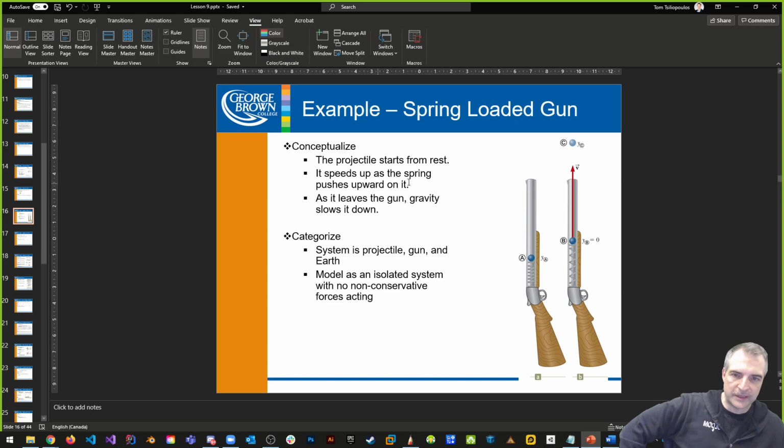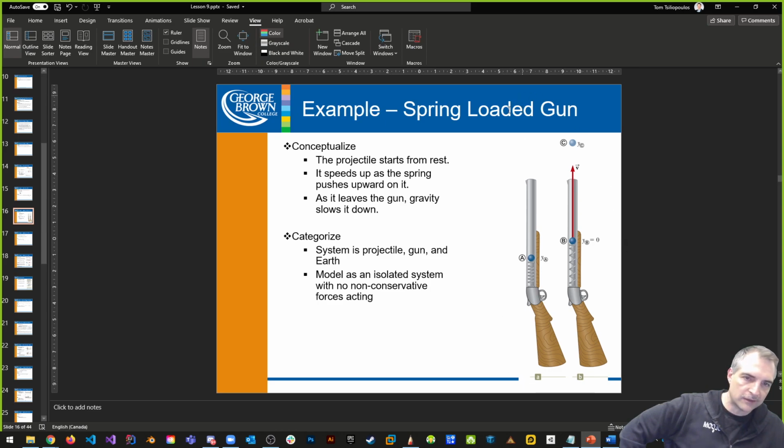So again, it speeds up as the spring pushes on it. It accelerates, all right, until it gets to the point where it's going to leave the spring, right? And once it accelerates, it's going to fight gravity until it gets to the top of the place where our velocity is 0. Okay, and once the velocity is 0, then it's going to start to fall back down again.